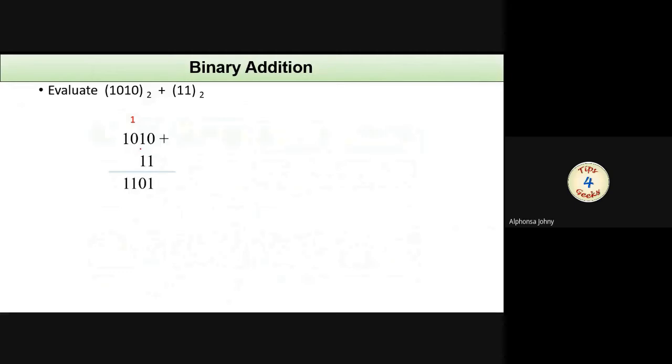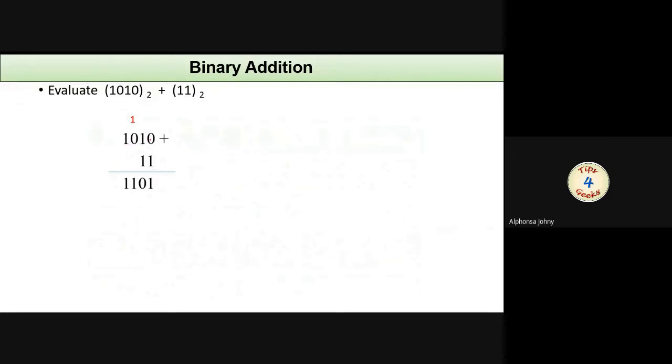We are writing just like we write in the case of decimal addition. Please take note of the position where we are writing the 11. The first 1 must be copied to this position and the second one to this second position. Please don't write from the other side, then you will get a wrong answer. The numbers must be written like that only.